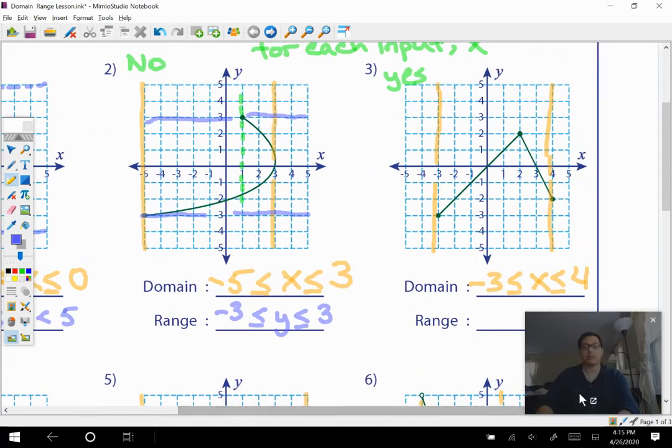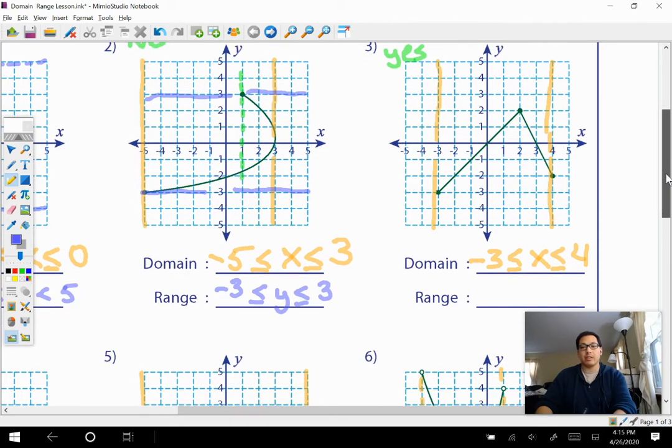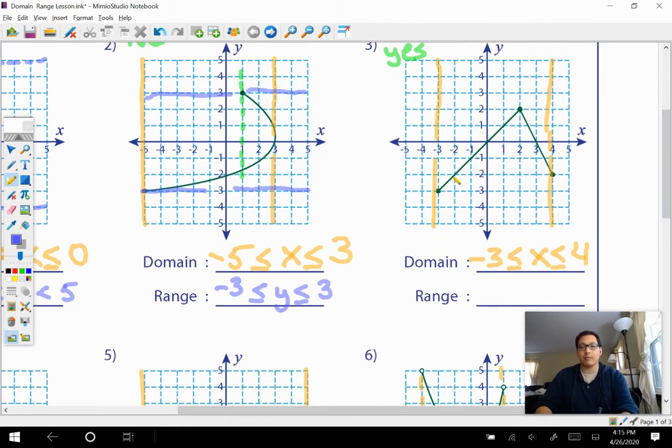Let's take a look at this one. I'll try to keep this video a little bit shorter than the first one. What's the range of y values here? What do you think? Looks like the highest you can go is +2. So that's going to be on this side. Remember, we go from low to high. So y goes up to +2, and what does it go down to? What's the lowest value?